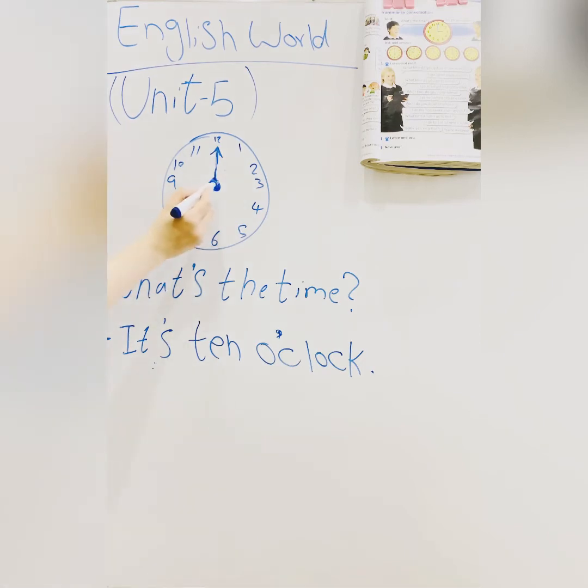Another time we can use: here, the long line is on the 12 and the short line is on number 2. So we will say, "What's the time?" We will say, "It is 2 o'clock." For the other times, here we have number 4.